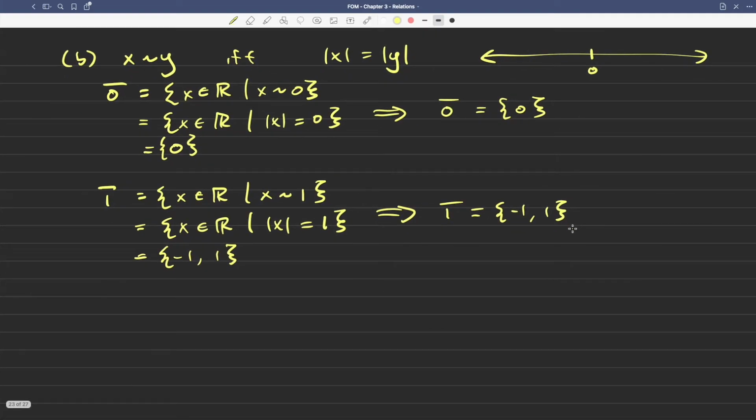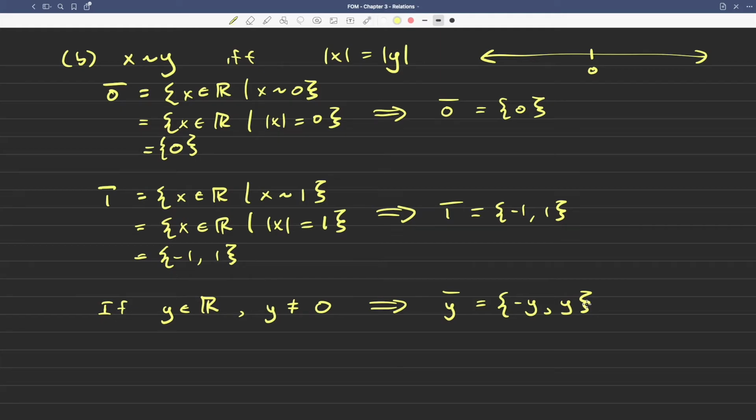And then I think, at this point, that's enough to inform me about the whole number line. If I took an arbitrary y, an element of R, where y is not equal to 0, you can see that y bar is just going to be -y and +y. Because if you take the absolute value of -y and +y, you get back y.